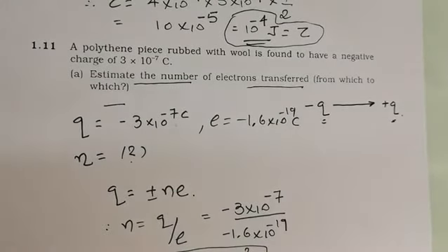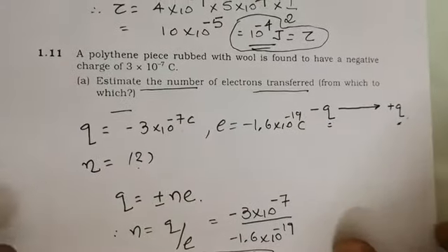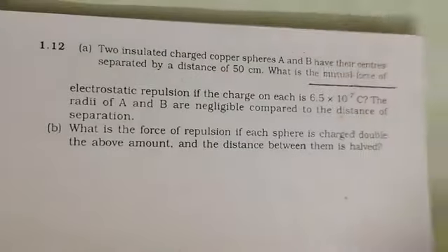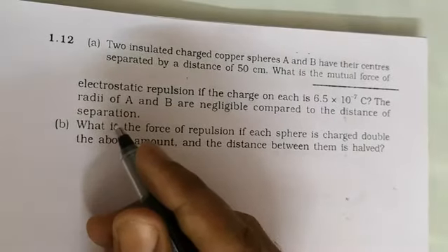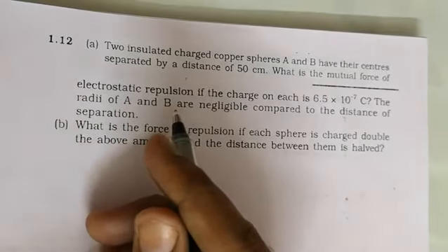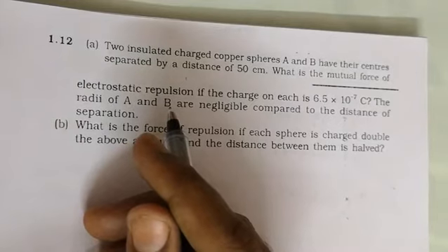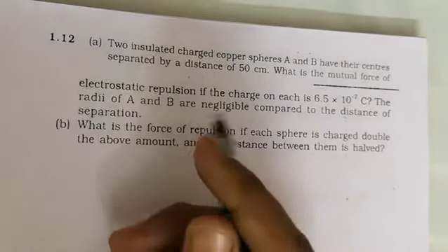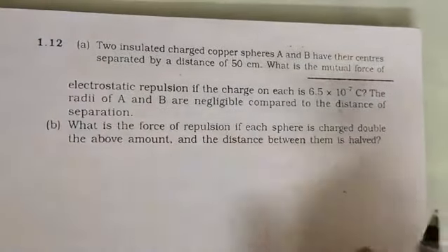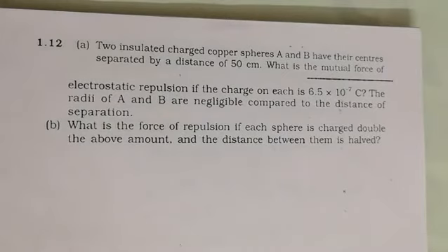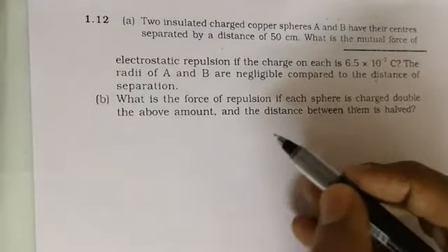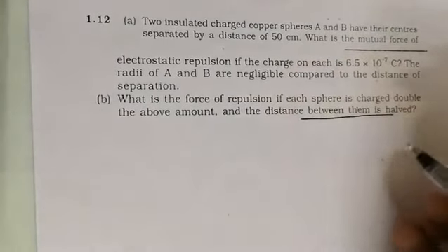Now the next one is a good one. It shows that examples can be asked in different ways. In 1.12, two charges are separated by a distance of 50 centimeters, and we find the force they exert. The next question asks what the force of repulsion would be if each sphere's charge is doubled and the distance is halved.